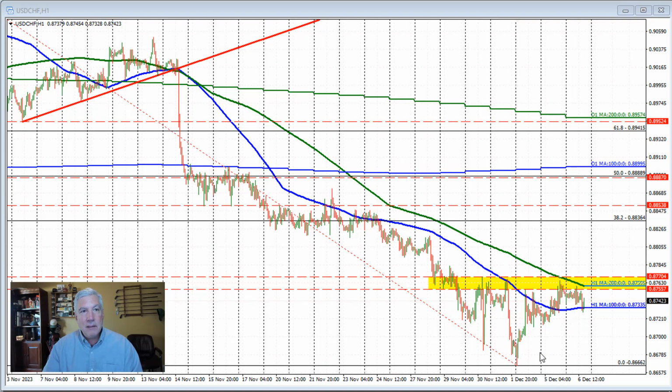That gives you an idea that there is selling pressure in this area between the 0.8755 and 0.8770 level. Sellers are leaning against that level. As long as the price remains below that level, they stand to benefit from the reactions in the downward direction. Now, those reactions have become more muted of late.